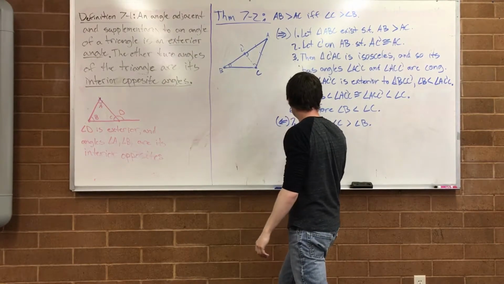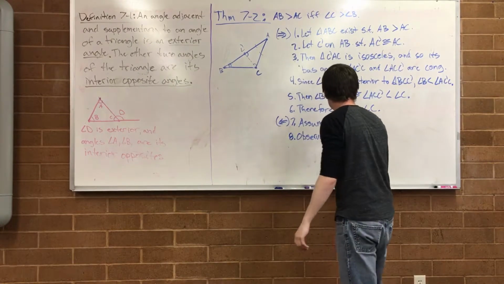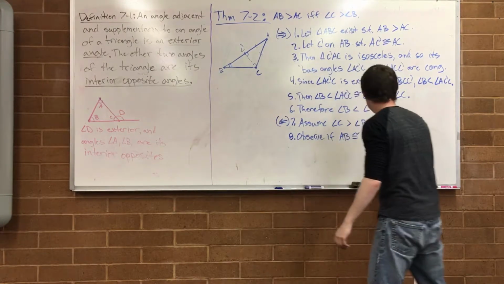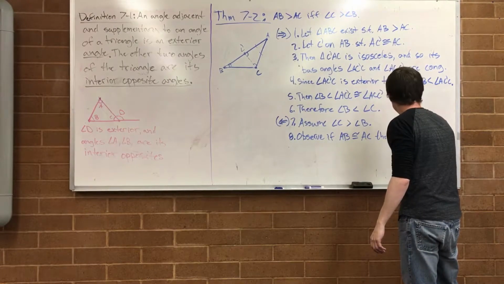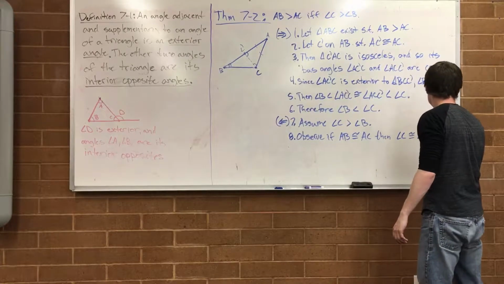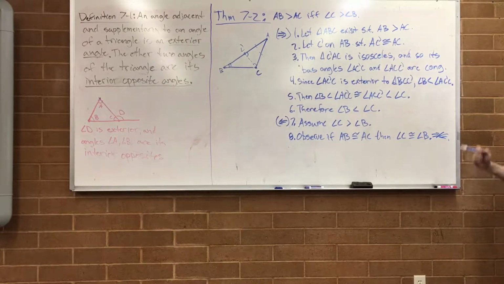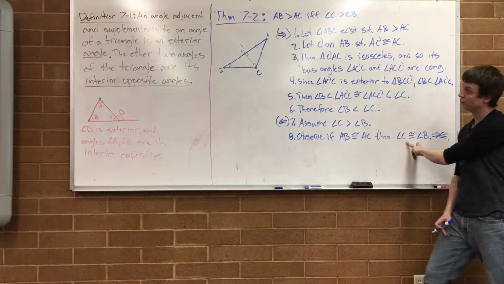8. Observe if AB were congruent to AC, then angle C would be congruent to angle B. So that can't be the case, right? Why does this mean this? Because it's an isosceles triangle.